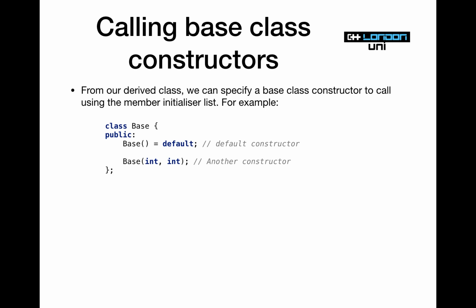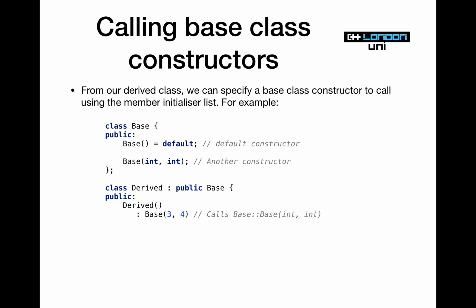So now we've got our class derived, which publicly inherits from base. And I've given derived a default constructor. And now this is the magic bit. This is a constructor initializer list.